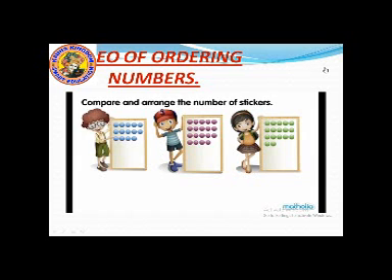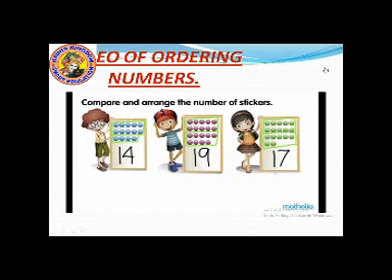Compare and arrange the number of stickers. Dan has 10 and 4 stickers. He has 14 stickers. Jack has 10 and 9 stickers. Jack has 19 stickers. Lynn has 10 and 7 stickers. Lynn has 17 stickers.